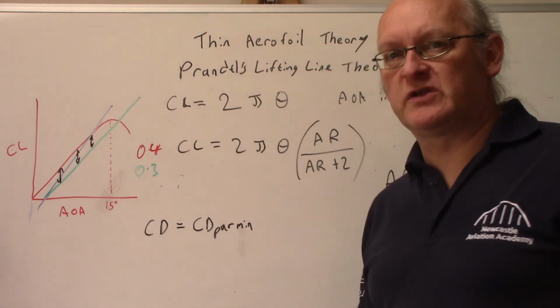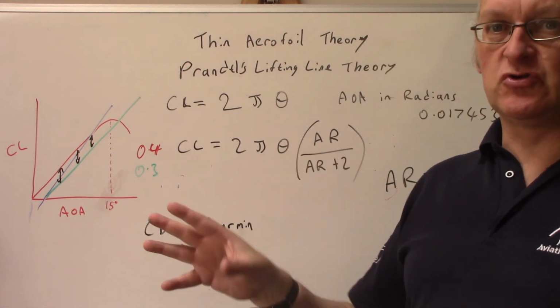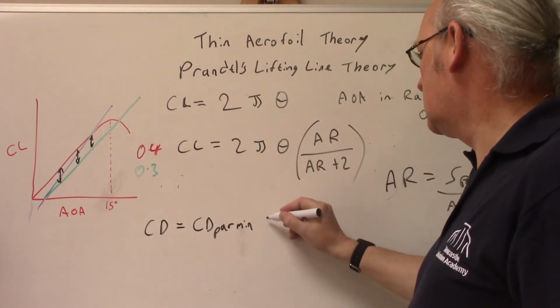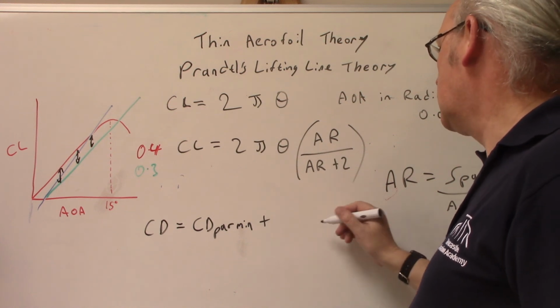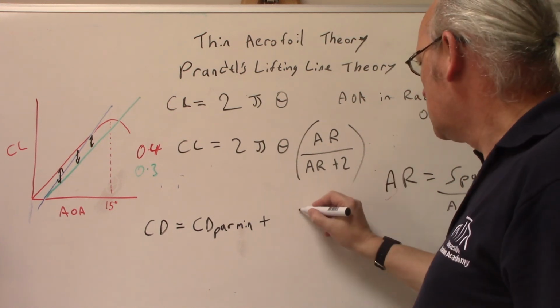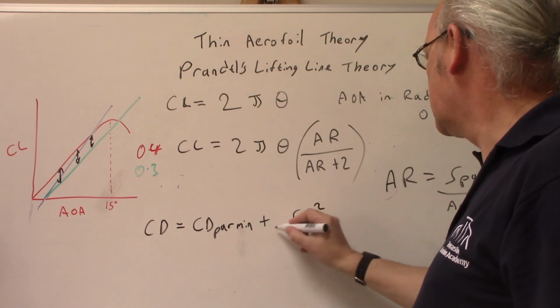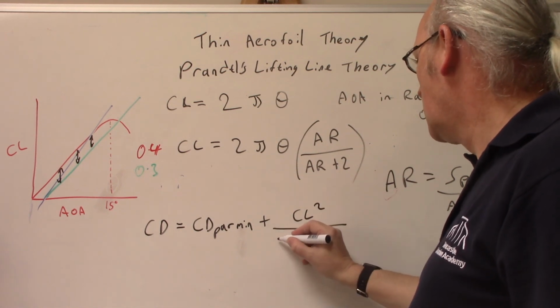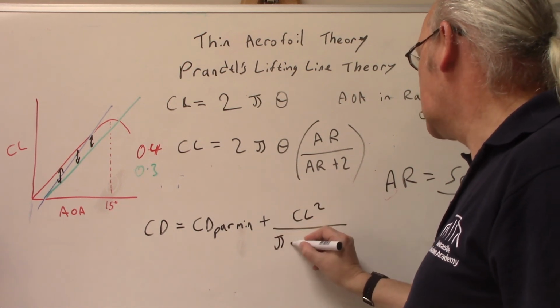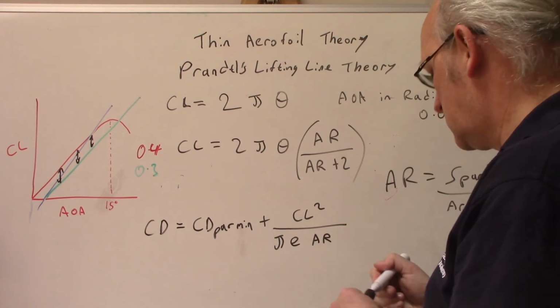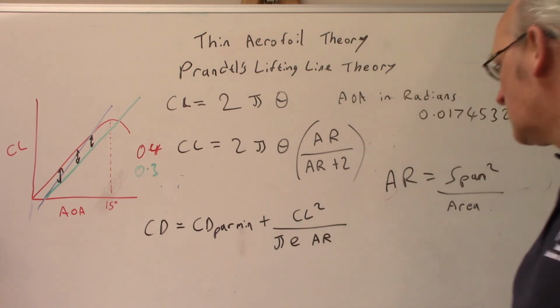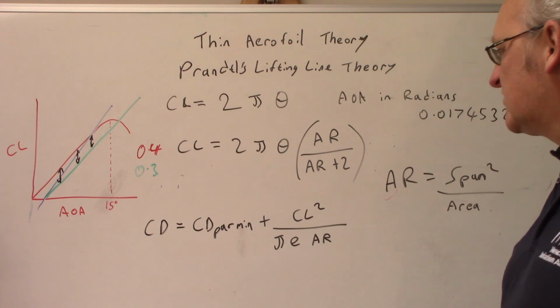I'm not going to cover the difference between parasitic drag and induced drag in this lesson, because I'm going to assume that you've done that already. For this bit, off the top of my head, we end up with this formula here, which is pi times E times aspect ratio. Now that E becomes important.